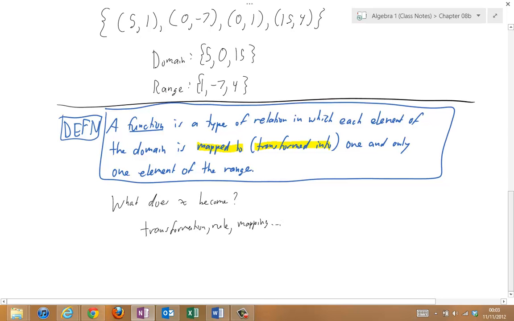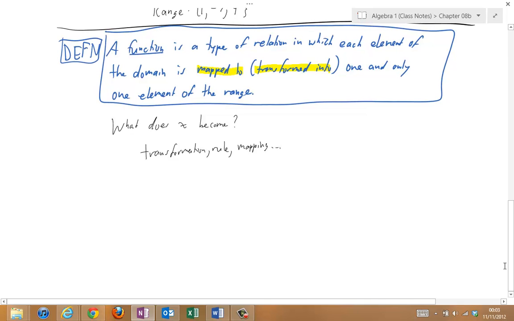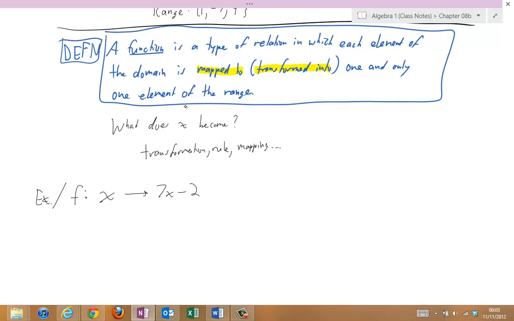Let's look at it from a rule perspective. Let's say that I have this function. This is going to be an example. f is the rule that changes x into 7x minus 2. And that's literally what this means.